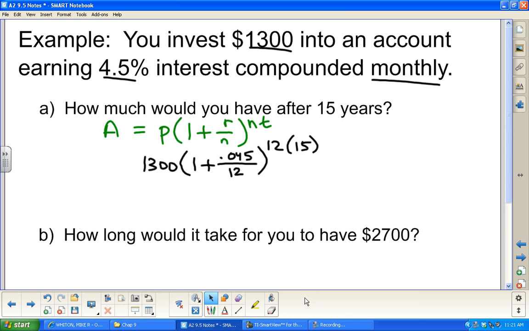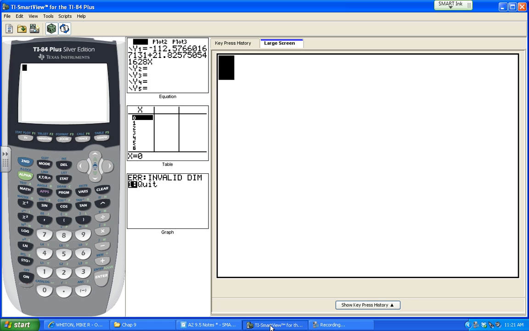Okay, so now it is just kind of a straight calculator problem. I would be a little careful. It's definitely doable in one step, but I would probably encourage you to do at least a couple steps. Let's figure out what that number is first. On the calculator we'll do our 1 plus 0.045 over 12.